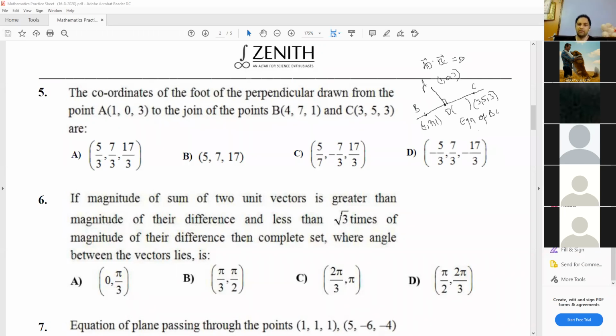That will give us the value of lambda. ठीक है, equation of BC आएगा, उसको convert कर लो parametric form में. Convert equation of BC into the parametric form.